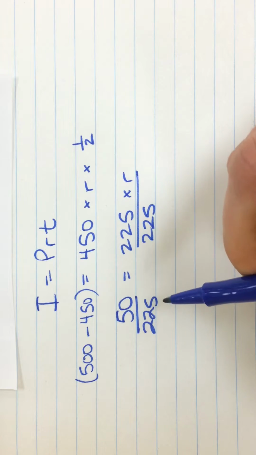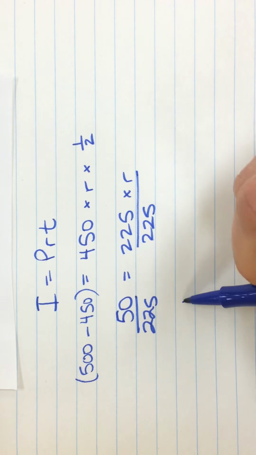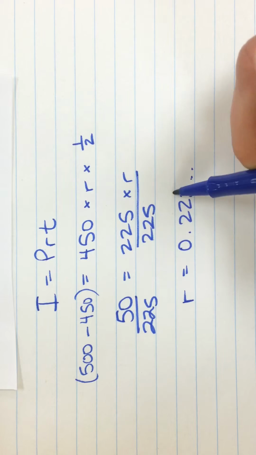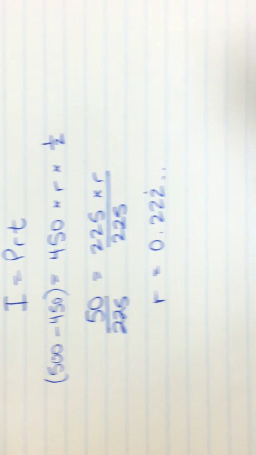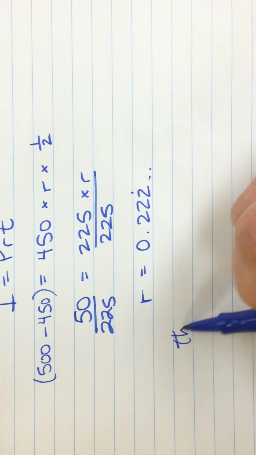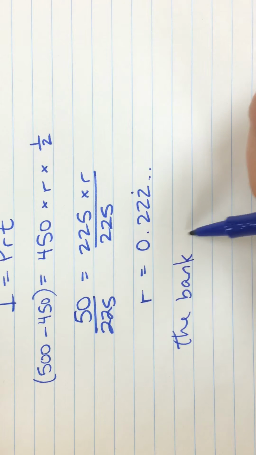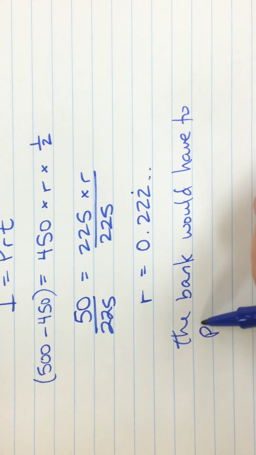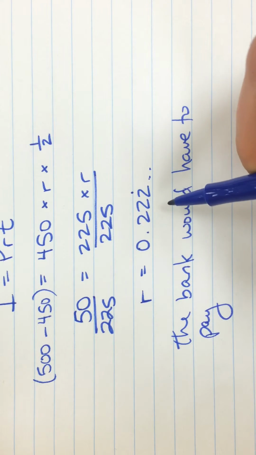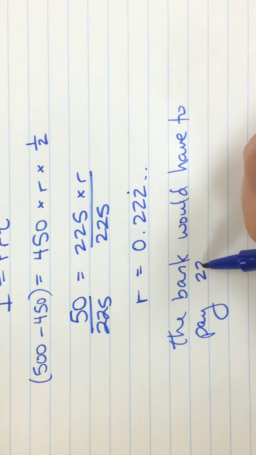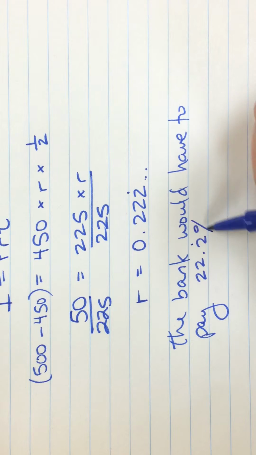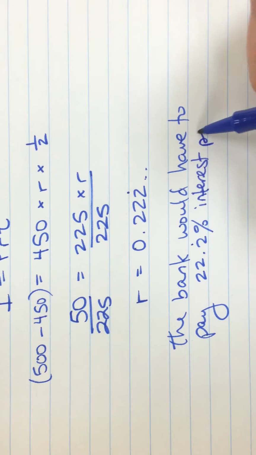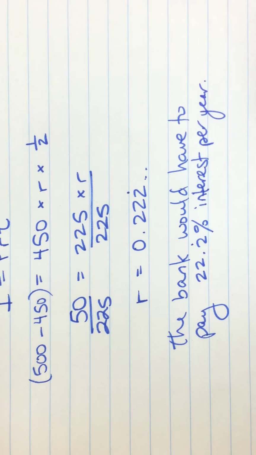is, let me think here, 0.222, and so on. It repeats, or we might put a dot up there. So that means the bank, I'll write a sentence here, would have to pay, well, as a percentage is usually how we say this, 22.2 repeated percent interest per year, which is pretty ridiculous.